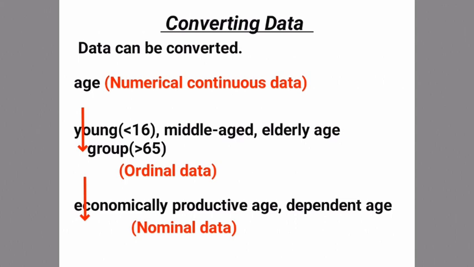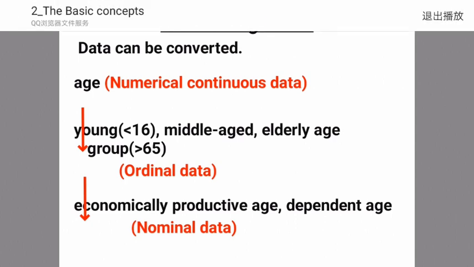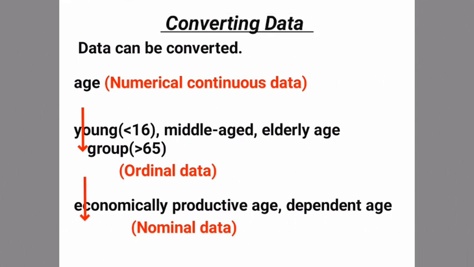According to the exact age value of each person, we can assign each person into different age groups. If someone is younger than 16 years, it is the young group. If older than 65 years, it is the elderly age group. Between 16 and 65 is the middle-aged group.